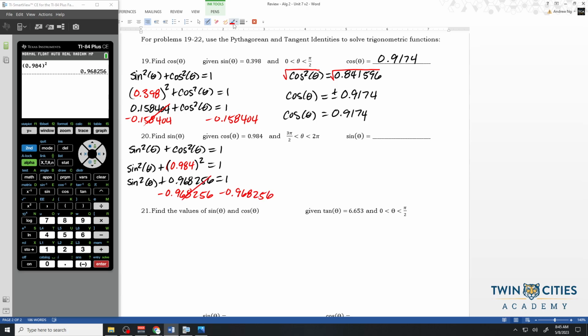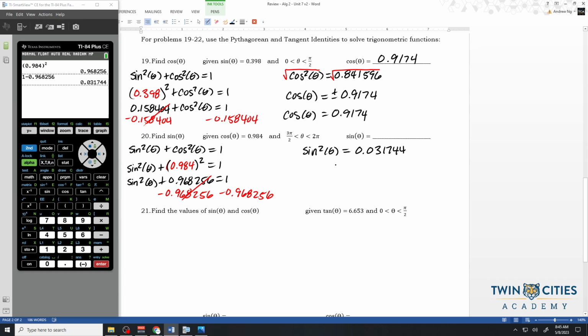So that'll subtract out on the left side, leaving sine squared of theta. This will be equal to 1 minus 0.968256. So I'm left with 0.031744.